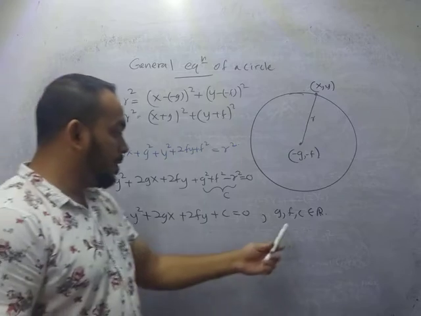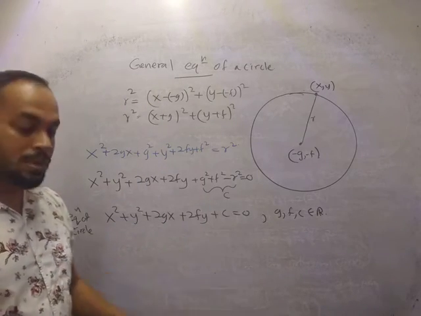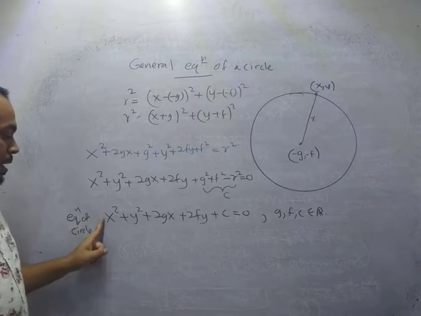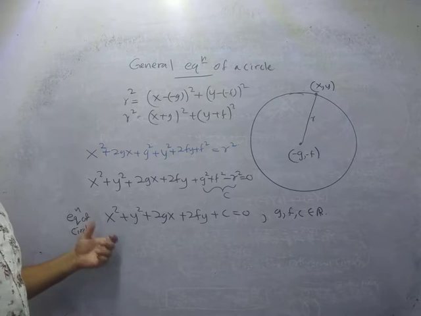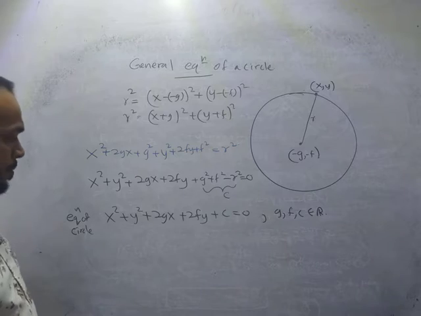If g, f and c are real numbers, then this representation represents a circle. Notice here, you don't have any coefficient in front of x squared and y squared. The coefficient is actually plus 1, so we don't write it there.